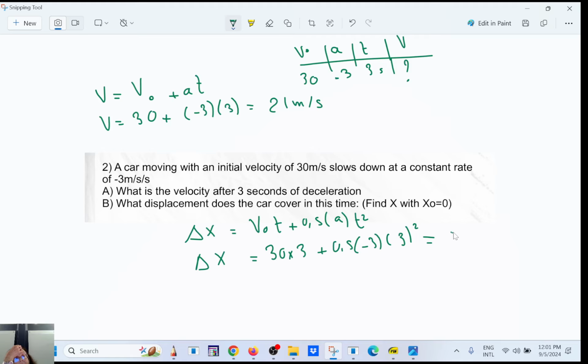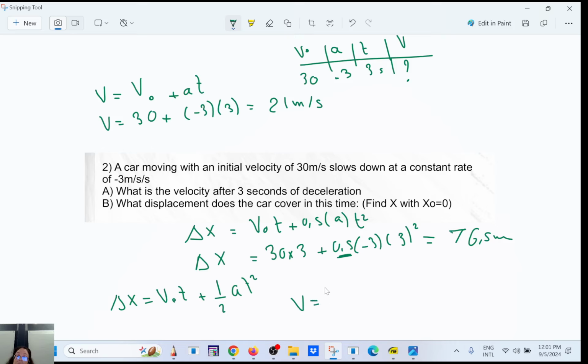And we have the pop quiz, so we're going to stop. So that point five, the one half, when we integrate, where does that come from? Yeah, it comes from integration. The equation is delta x equals initial velocity times t plus 1 half a t squared.